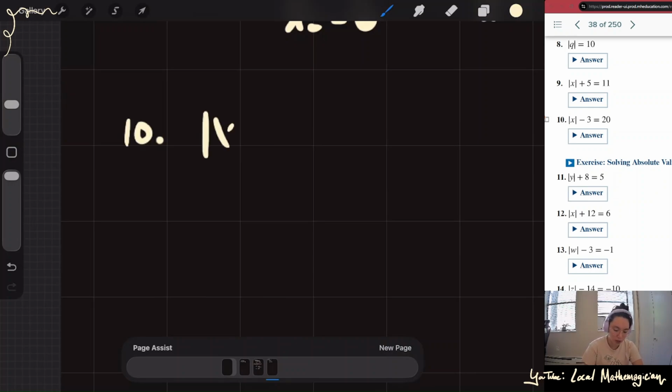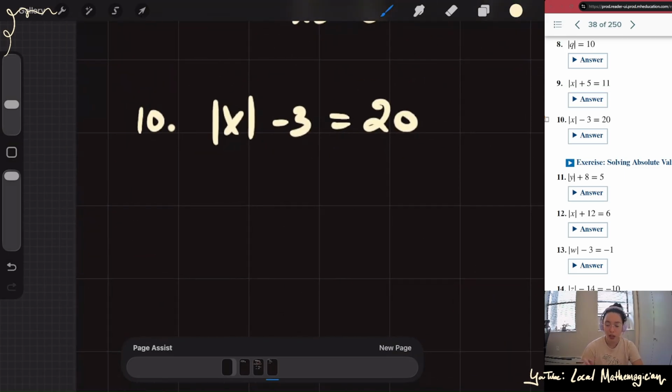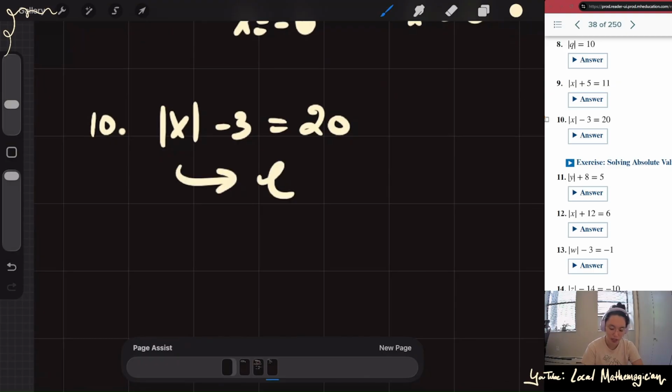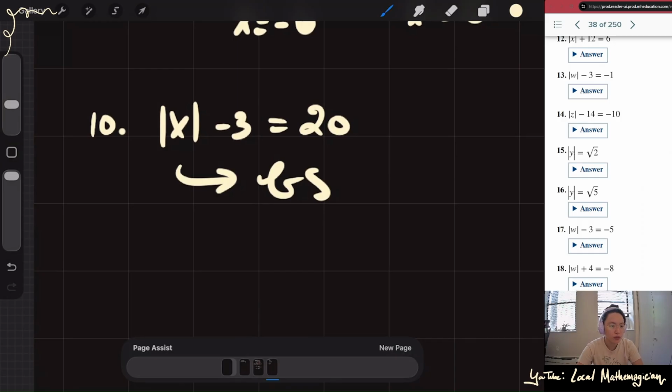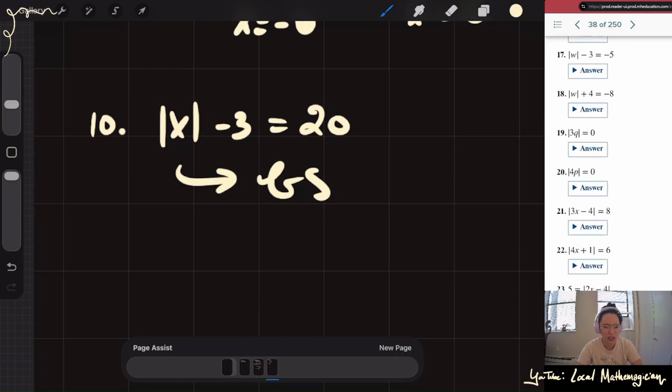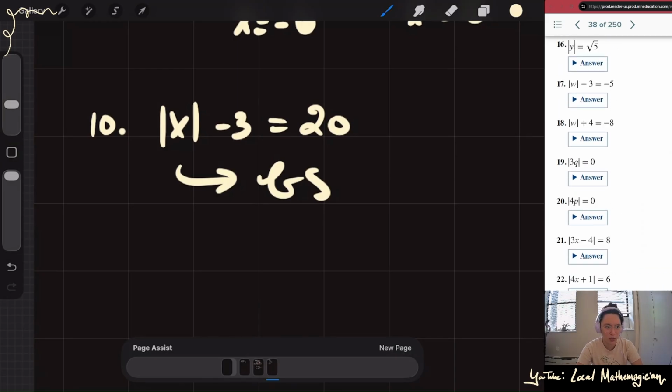The absolute value of x minus 3 is equal to 20. I'm going to have you guys work this one out by yourself and send it to Gradescope, all right? And that's kind of it for absolute value equations. Or is it?